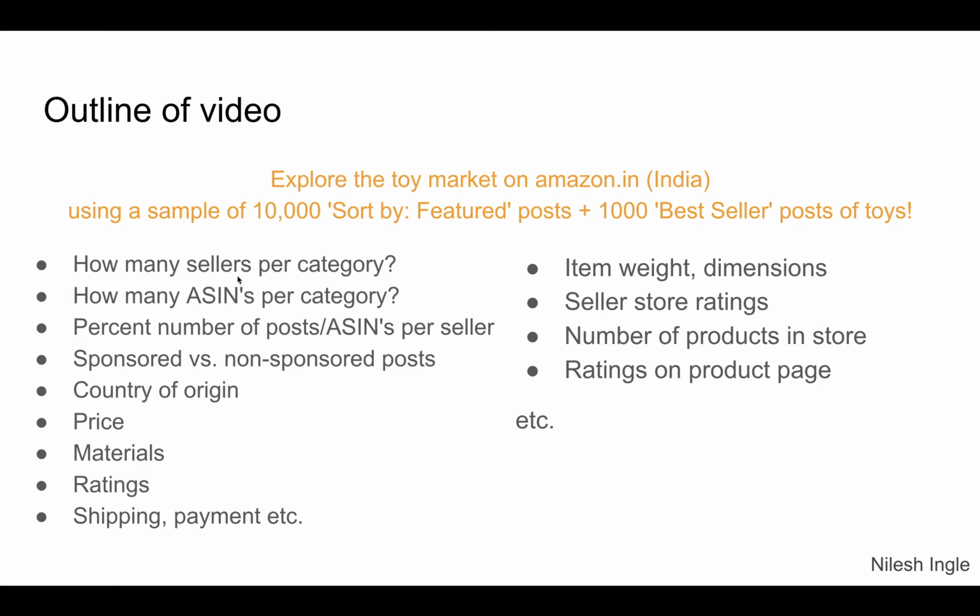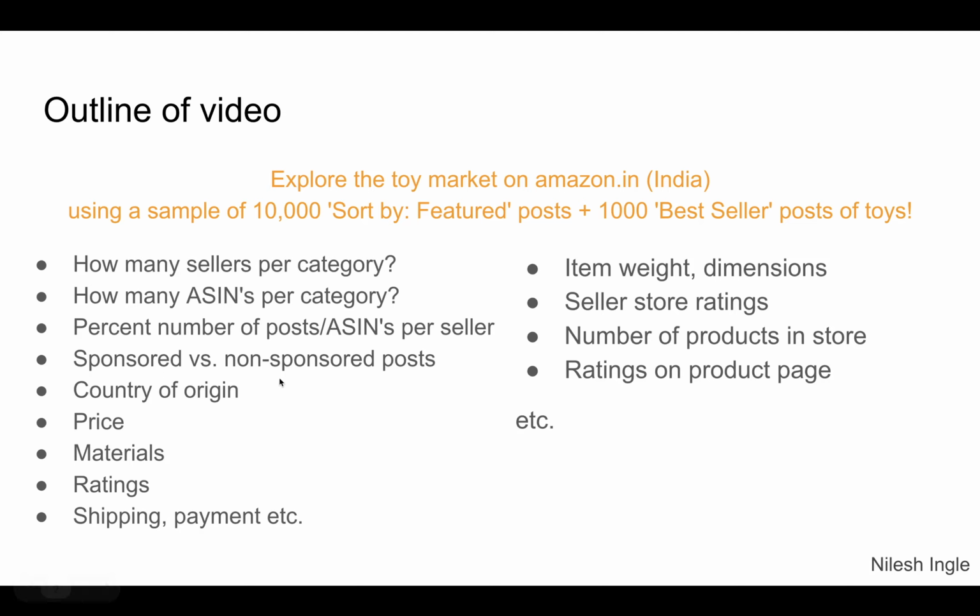The first one is how many sellers per category, how many ASINs per category. The ASIN is a code number for a particular product, sorry. Each product can have a separate ASIN number that identifies that product when you search in the Amazon listing.